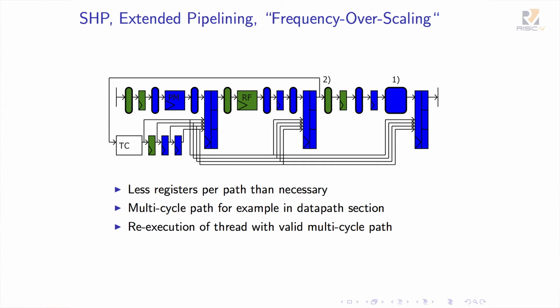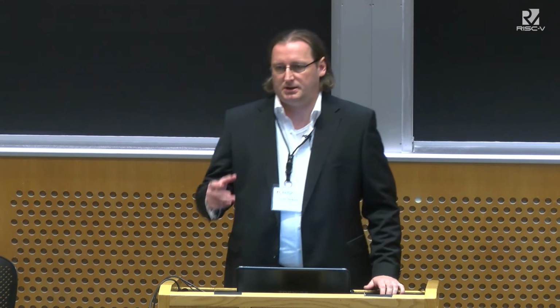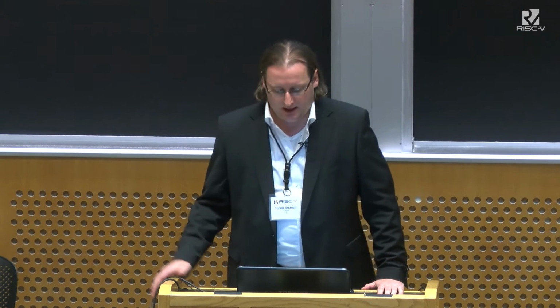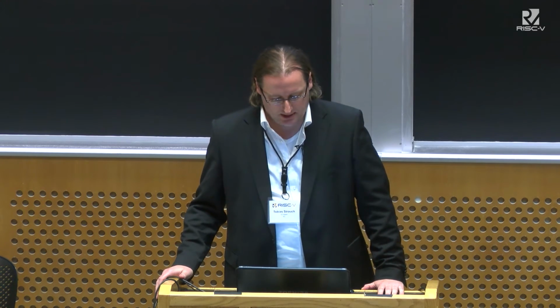The second method is extended pipelining. I haven't found a right word for that, but in a paper about that with frequency over scaling, the idea is that you adjust your clock period to the current instructions you're executing. So the first thing, you detect potential multi-cycle paths in your design, the multiplier, for example.